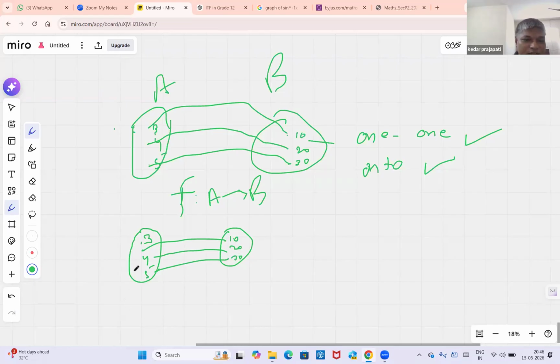Now there is another element, which is 8. So now tell whether it is 1, 1 or not. Yeah. It is 1, 1. But it's not onto. Yes.